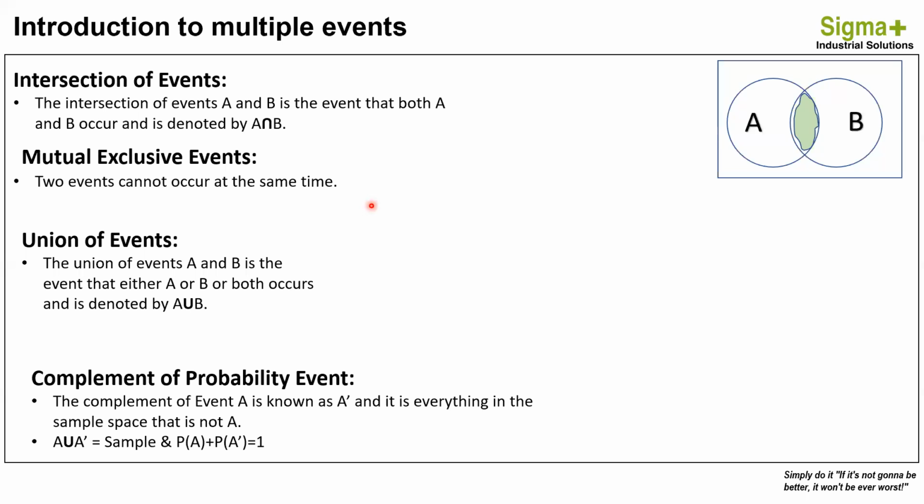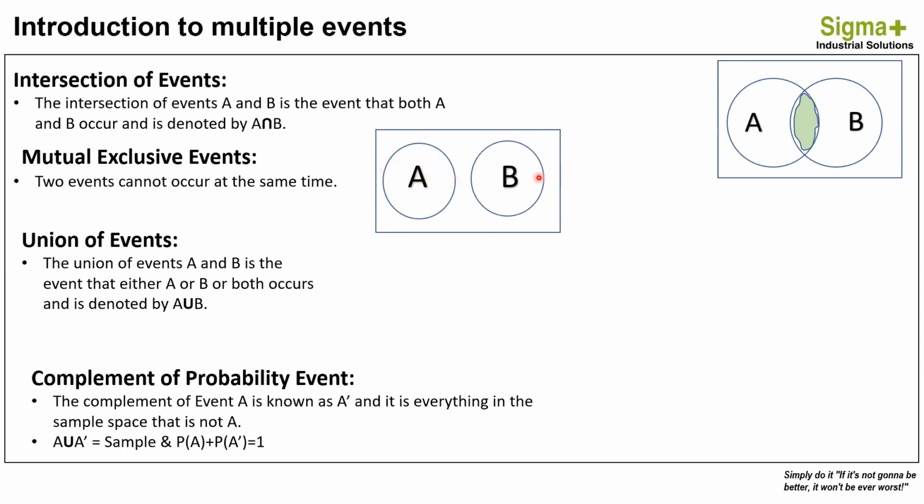So we say that the event of having the tail and the event of having the head are mutually exclusive events, okay? And it can be described with the Venn diagram, where this is the probability of event A and this is the probability of event B, and you can see there is no intersection area between them.